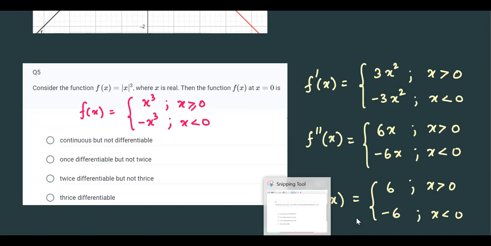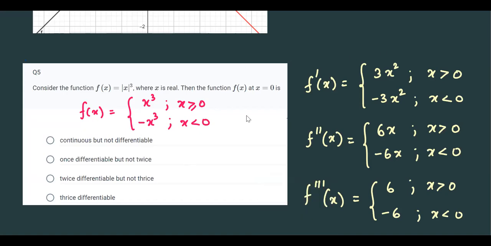Okay, I simply differentiated. I split the function into two parts and differentiated. Didn't worry about the boundary. Now I can check at the boundary when I put x equal to 0.